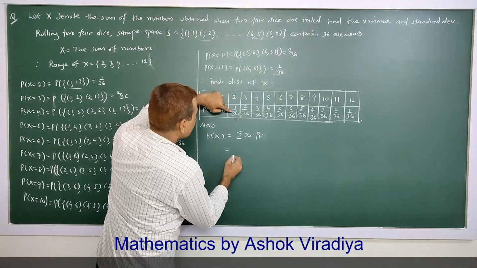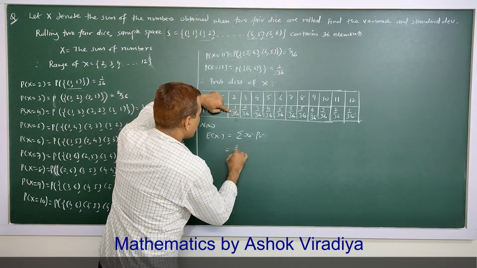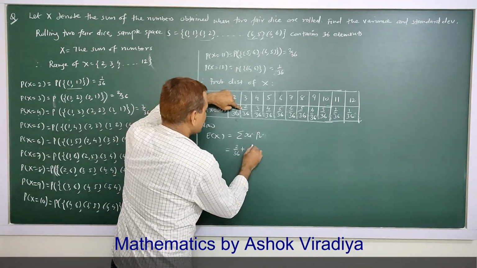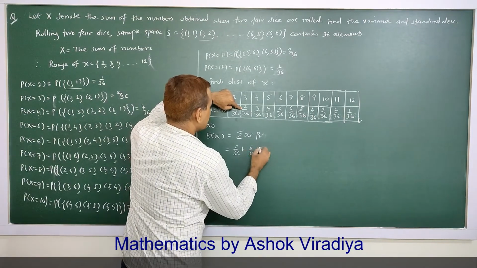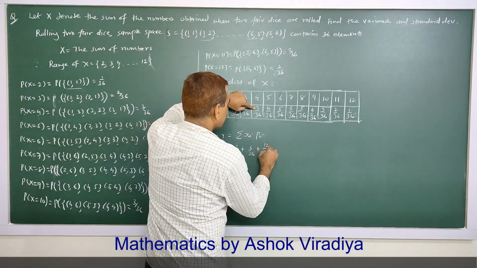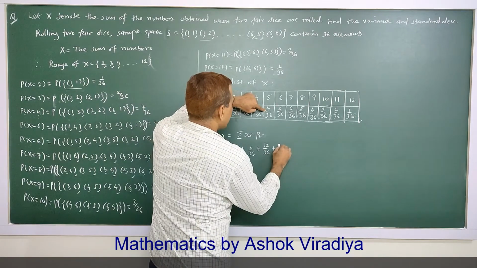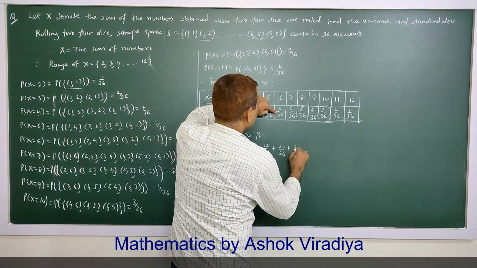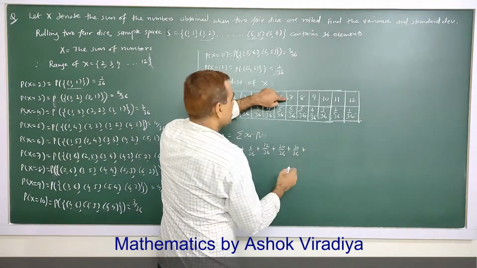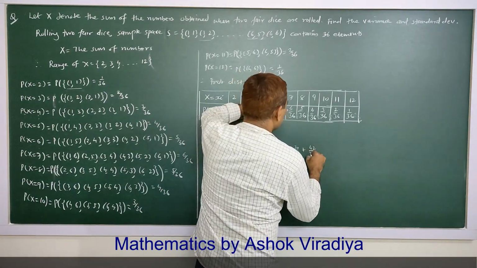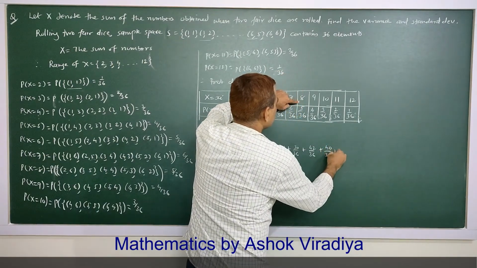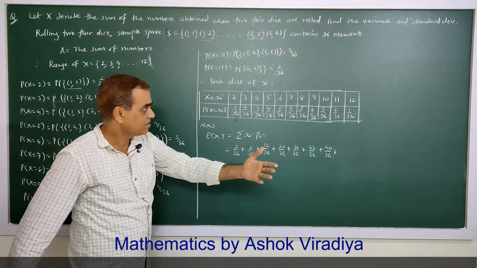That is 2 into 1 by 36, that is 2 by 36, plus 3 into 2 by 36, so 6 by 36, plus 12 by 36, plus 20 by 36, plus 30 by 36, plus 42 by 36, plus 40 by 36. I am multiplying and adding.